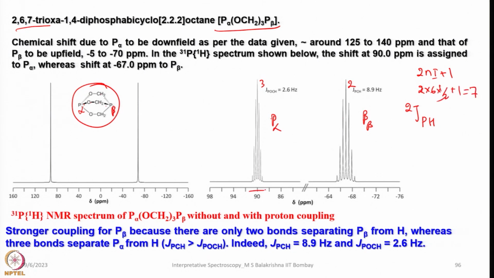So sometimes we have difficulty in assigning the chemical shift, because both of them in the decoupled spectrum are showing singlets, and we may have difficulty in assigning whether this is P alpha or P beta. In that case, if we record the coupled one, that can help us in identifying without any ambiguity.